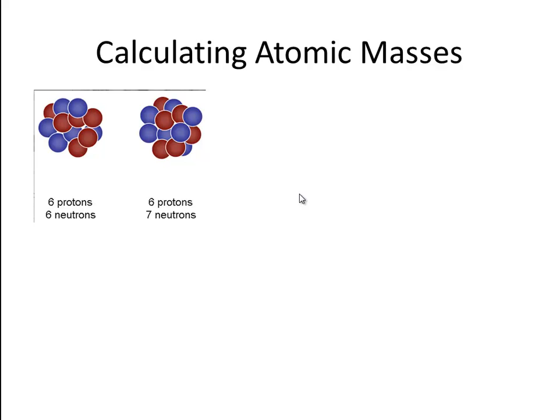Here's one more example. Let's say we've got this situation. We've got an element with two isotopes. They both have 6 protons, so you can guess what element that is, right? The first isotope has 6 neutrons, therefore the mass number is 12, so that's carbon 12. The other isotope has 7 neutrons, and so that's carbon 13.